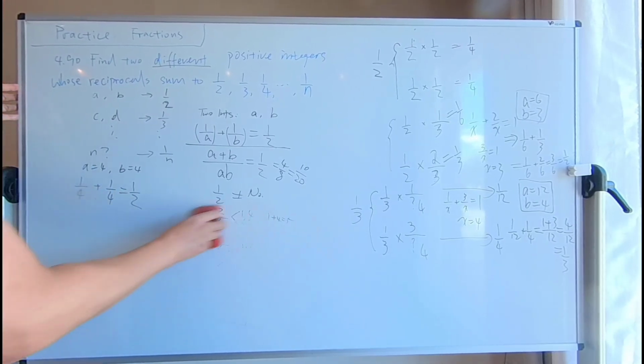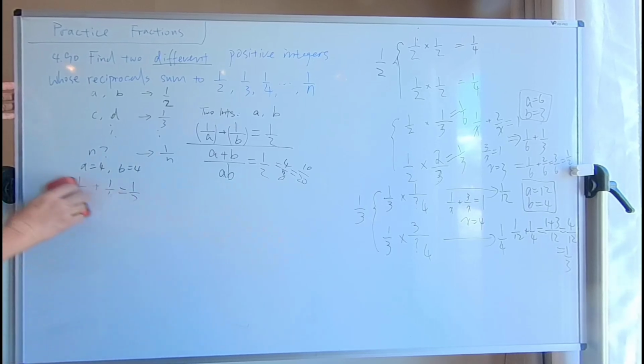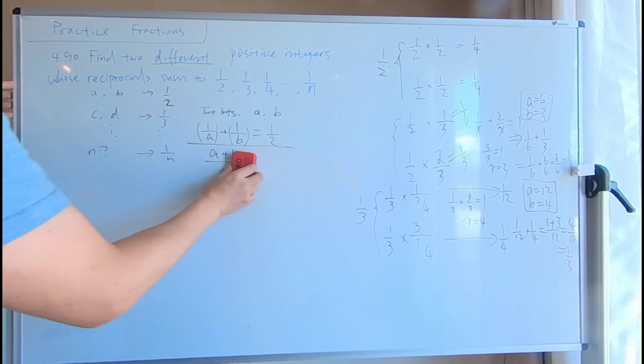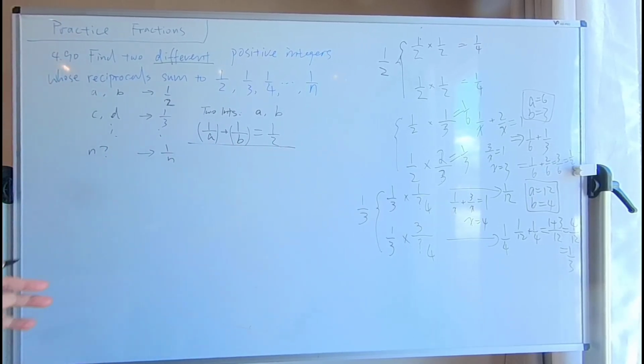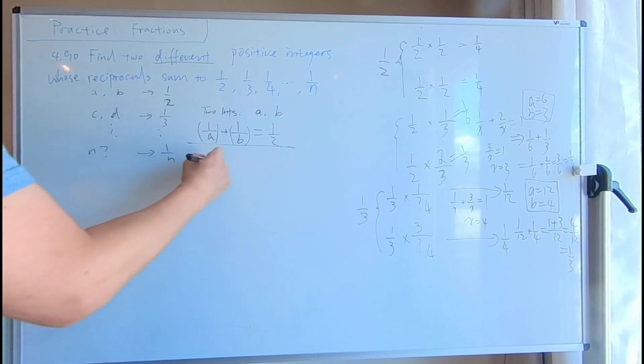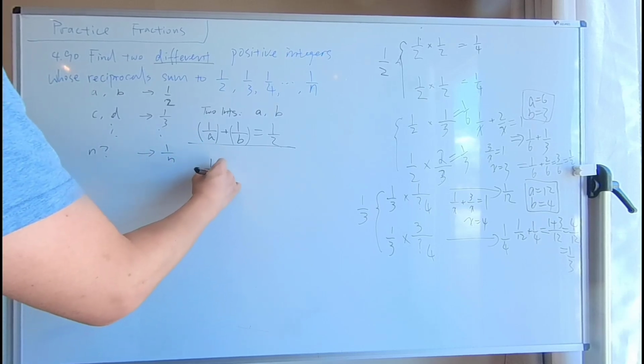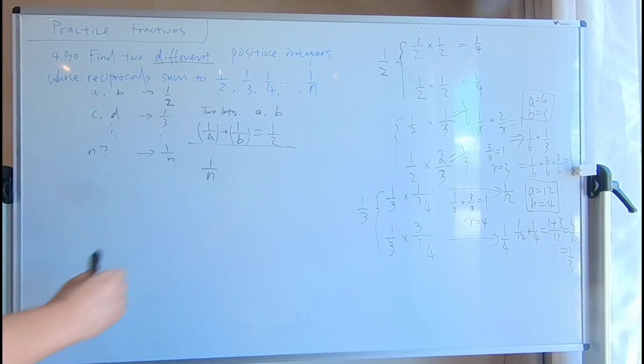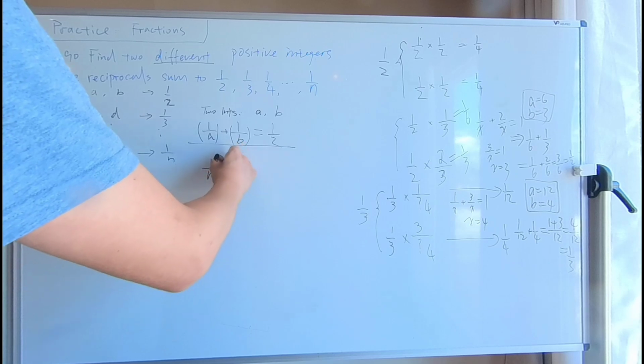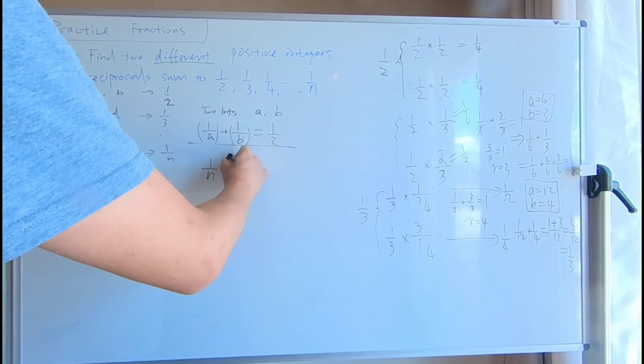So let's summarize the pattern. That pattern will be used for the 1 over n case. Now, the number is 1 over n, which can be any number. We still need to split this 1 over n.